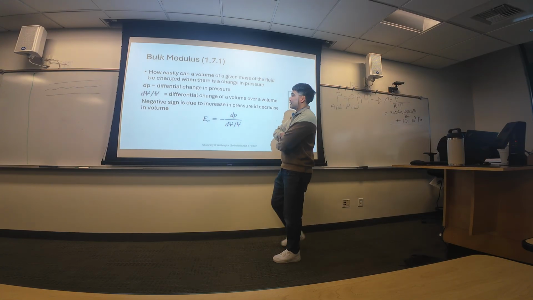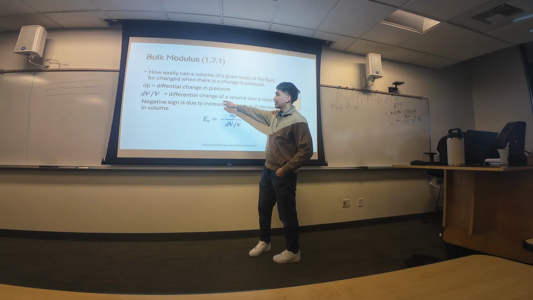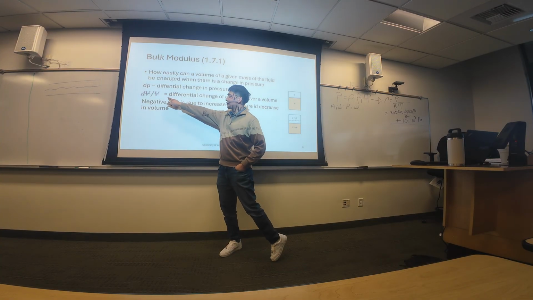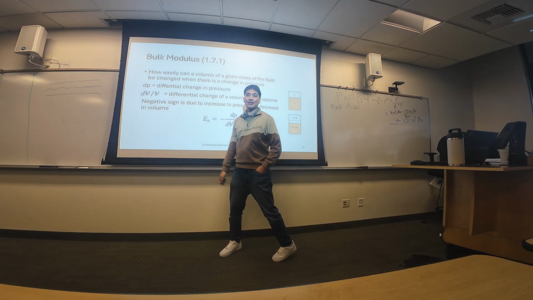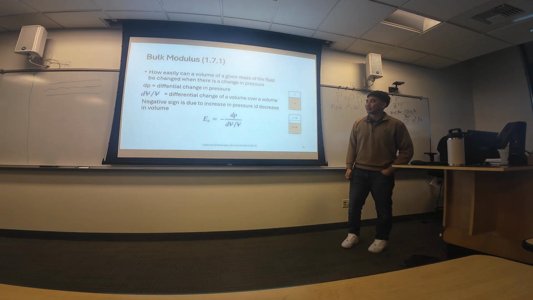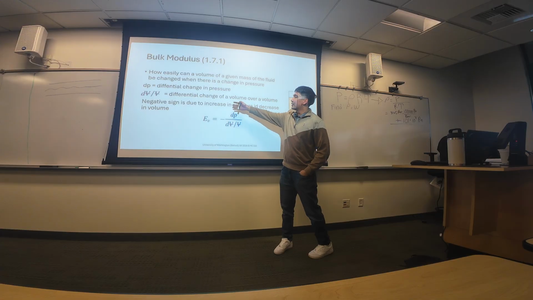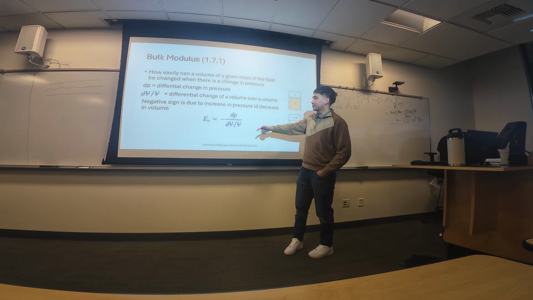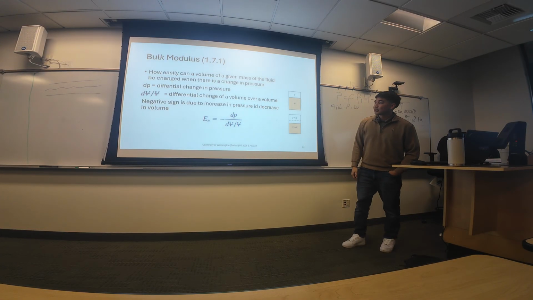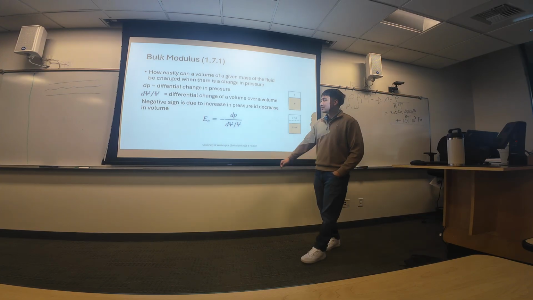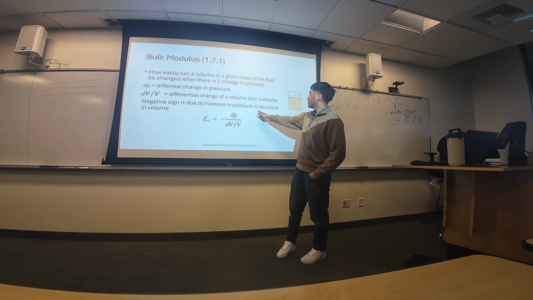So dP is your change in pressure. Don't get scared by this Greek letter with the line crossed through. I don't even know what that's called. That's what the textbook uses, but that is basically your differential. It's like a derivative change of a volume over a volume. And the negative sign is due to increase in pressure.